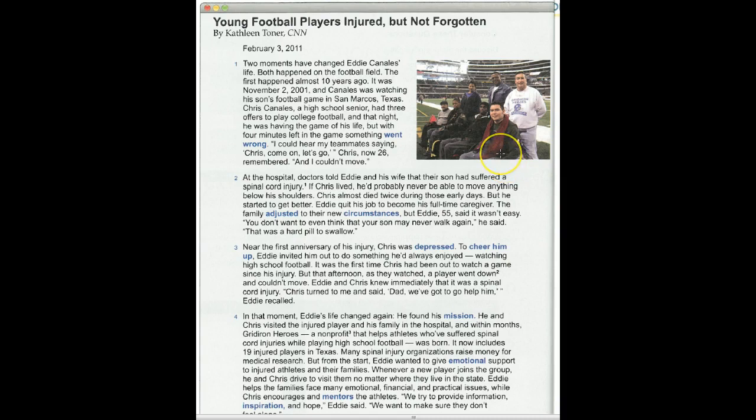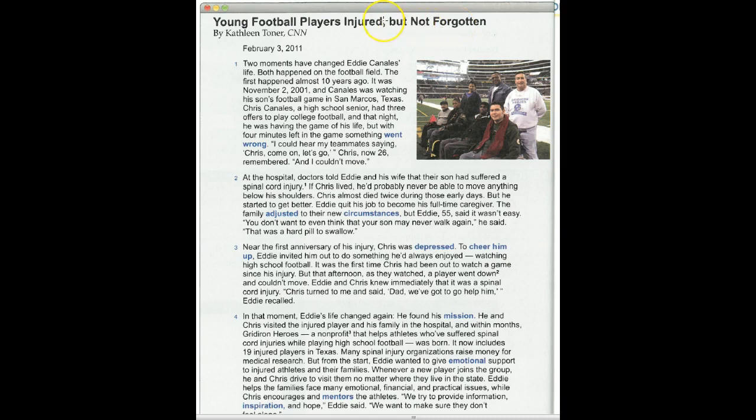And then the next thing you should look at is the title of the text, because that will often tell you the topic and perhaps the main idea. So the title will be at the top of the page, and in this case the title is right here. Okay, young football players injured but not forgotten.